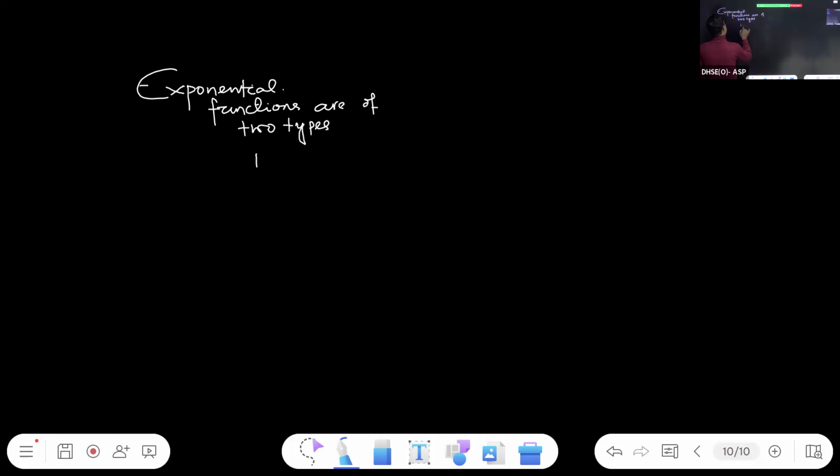Write down: exponential functions are of two types. One is increasing exponential function.